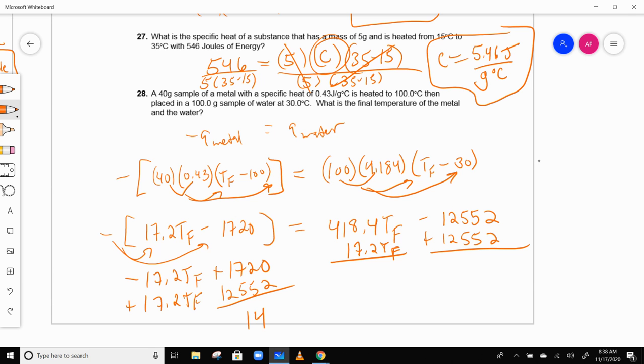We get 14,272. And on this side, we get 435.6.